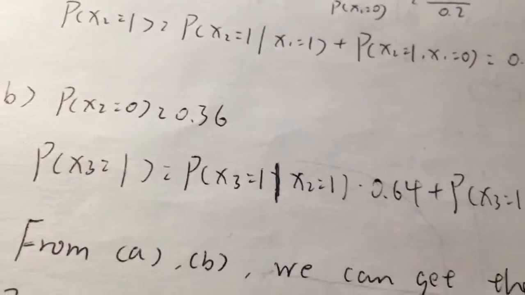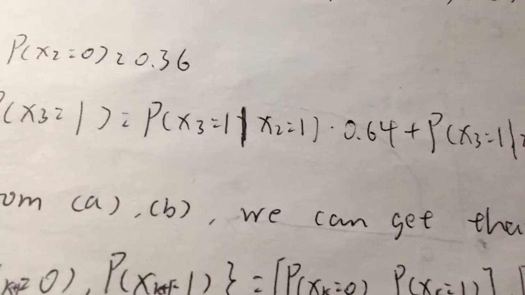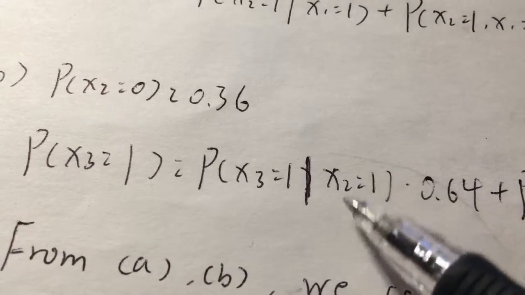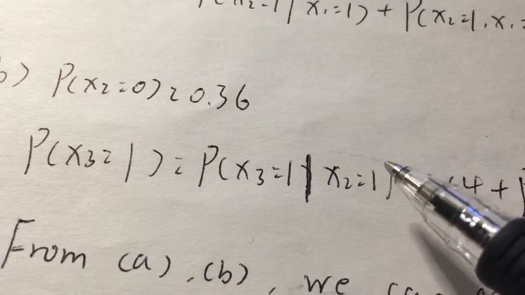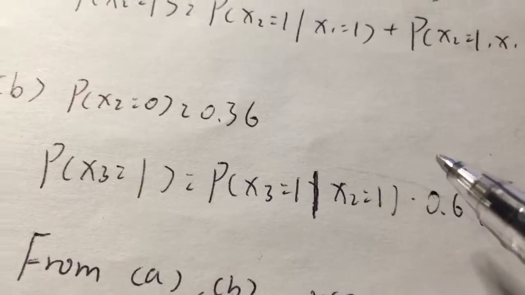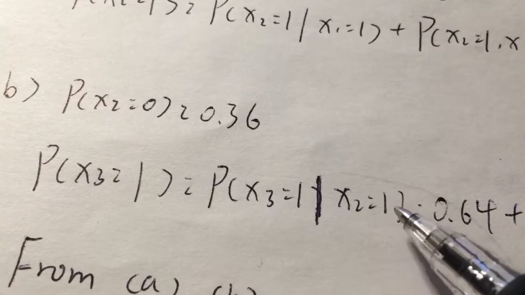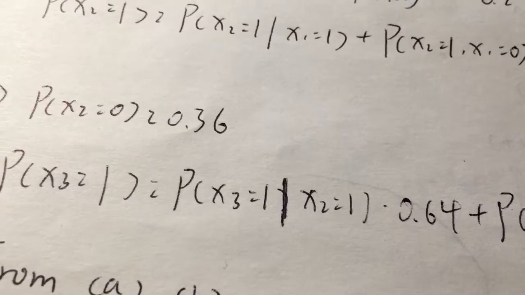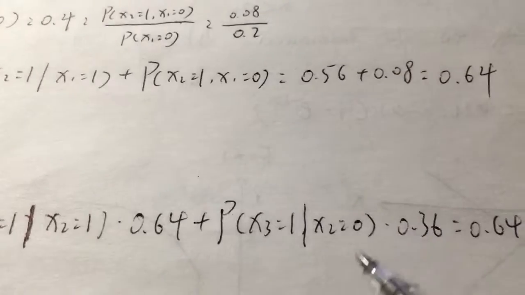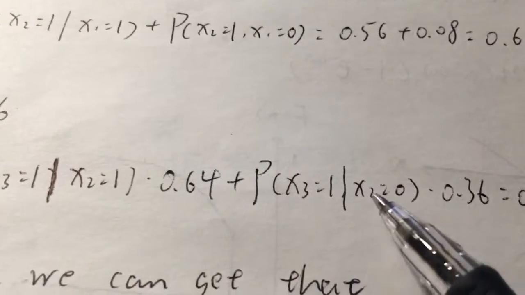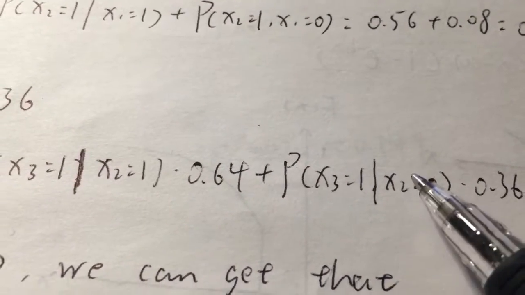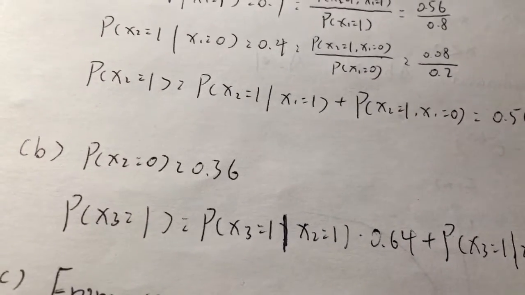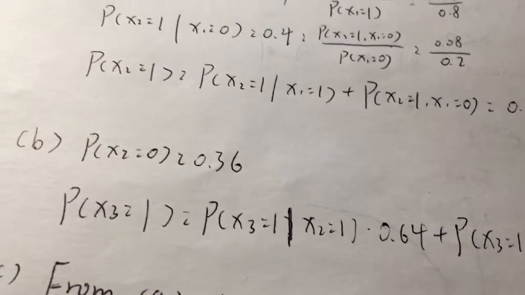According to the condition, the probability that xk equals 1 given that xk minus 1 equals 1 is 0.7, and the other one is 0.4.